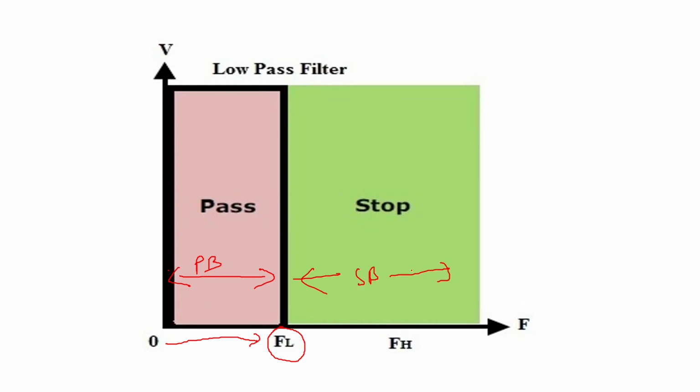So all the signals in the frequency range below the cutoff frequency are passed, and all the signals above the cutoff frequency are stopped, rejected or attenuated.